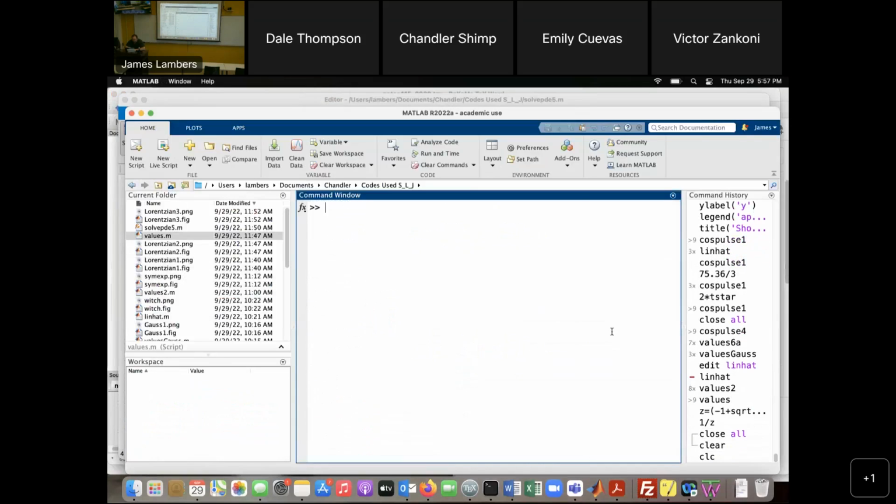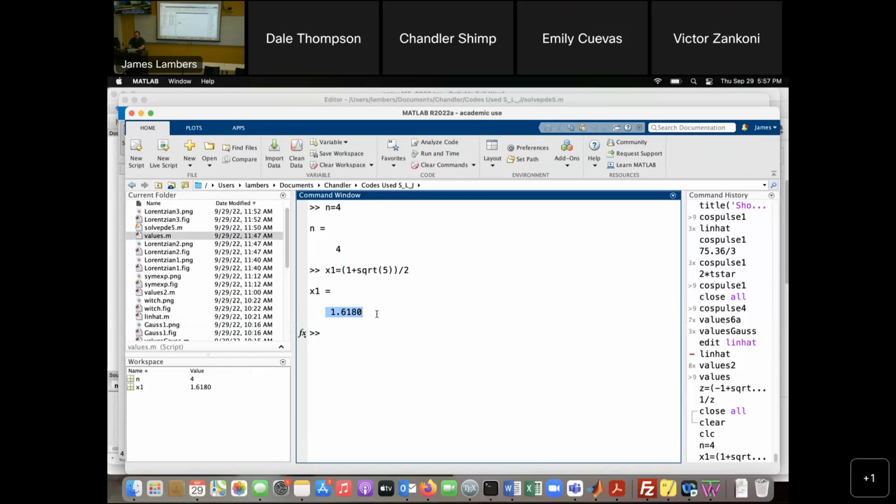So I'll go to MATLAB for a second here. Okay, so I'm going to set n equal to, let's say, 4. And I'll set x1 equal to 1 plus square root of 5 over 2.